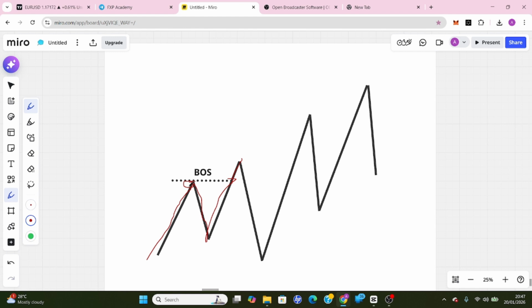And this gave rise to what we call break of structure. When this happens, as a trader, what are you expecting? You're expecting the trend to continue to the upside. And that is exactly what happened.